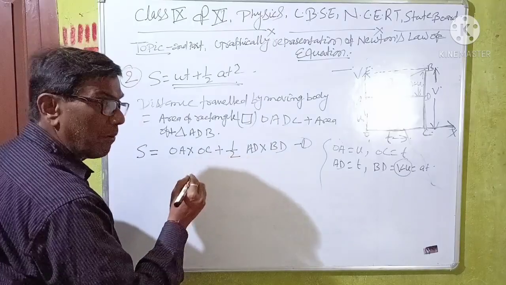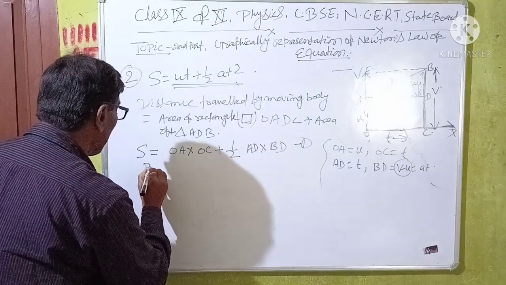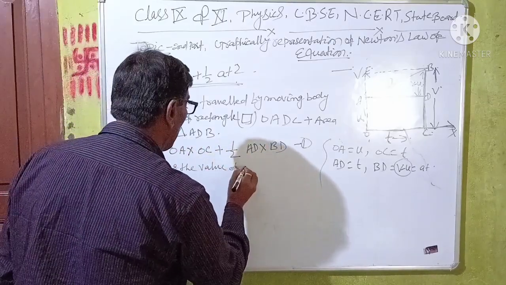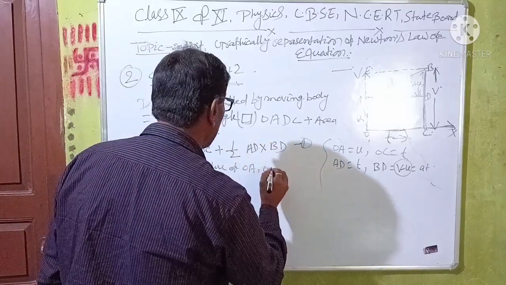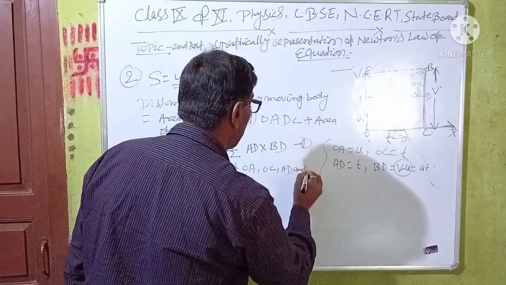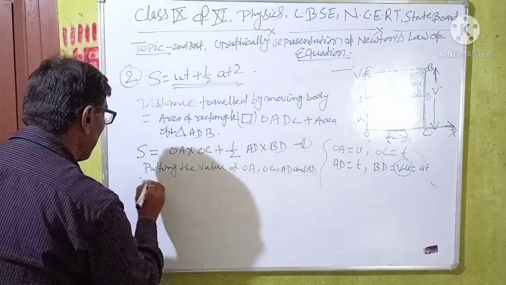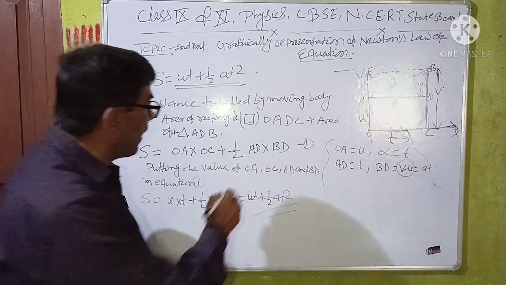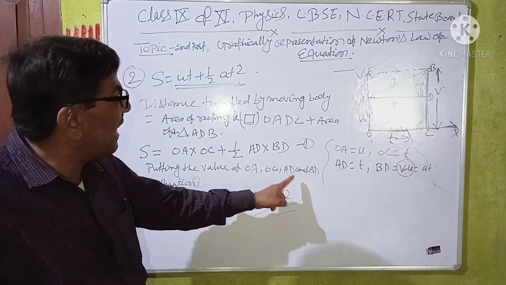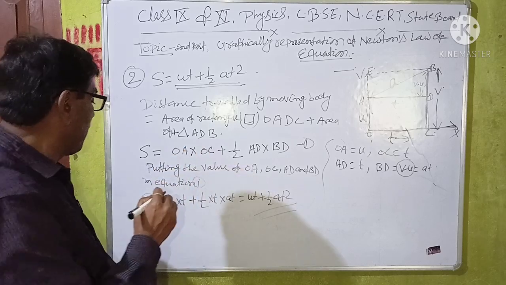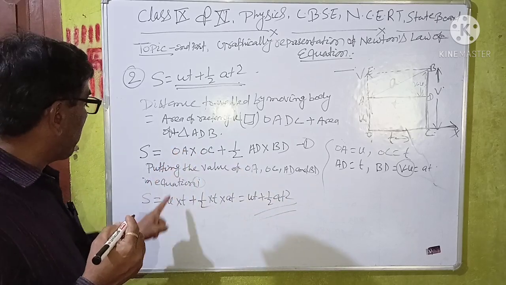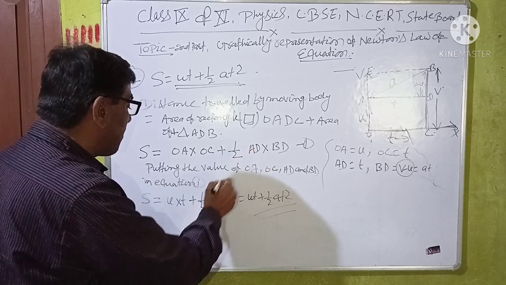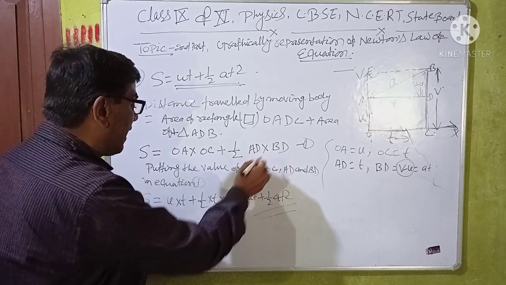Now putting the values of OA, OC, AD and BD in equation first, S is equal to OA, which represents u, into OC, which represents t, so u into t, plus half into AD, which represents t, into BD, which represents at.